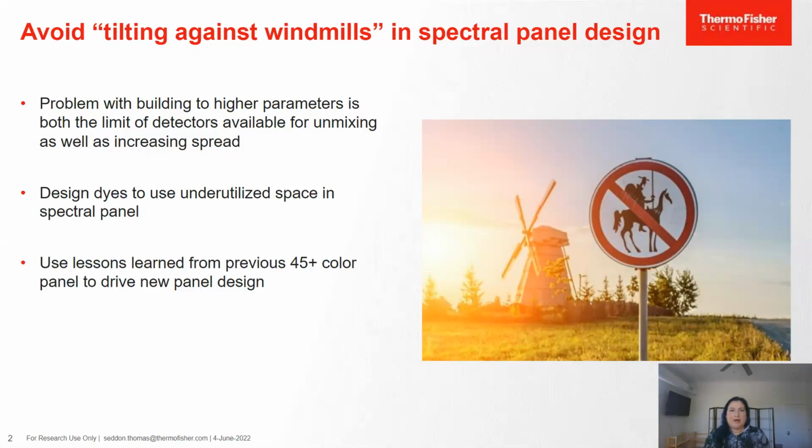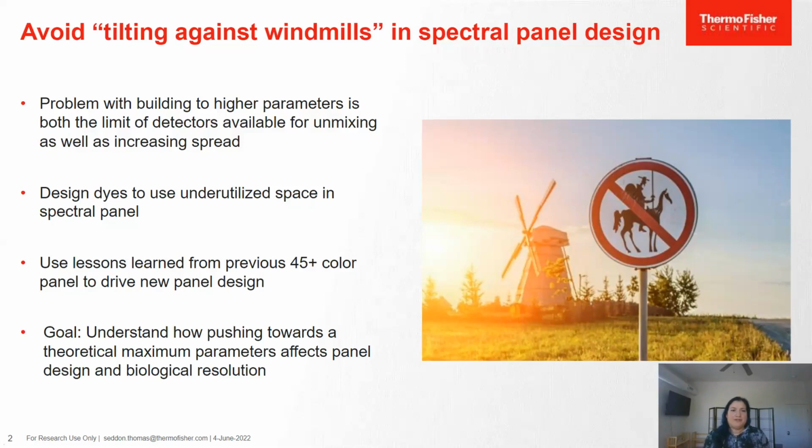We also are trying to use lessons learned from previous 45 color panel design to drive new panel design. The goal is to understand how pushing towards a theoretical maximum of parameters affects panel design and biological resolution. One of my goals is to make this clear so that, instead of fighting against the way something works, you're working with that and using it to help solve the problem as you build towards higher parameters in your panel.